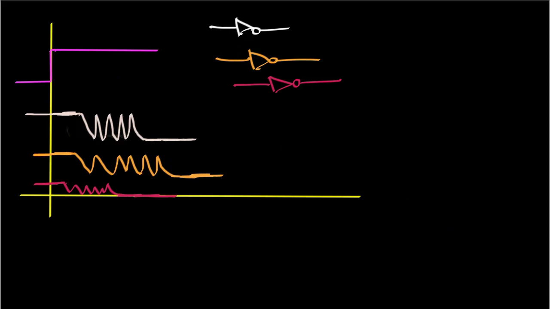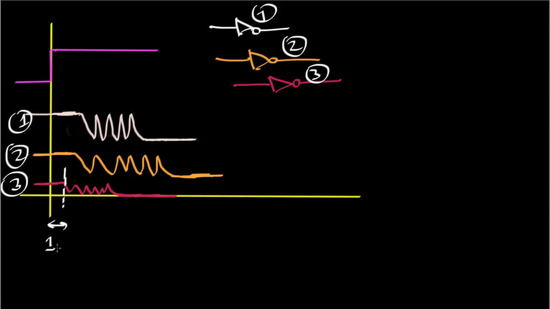Now this is our first NOT gate, this is our second, and this is our third, and the characteristics are like that. Now if you see, the minimum time after which a NOT gate starts changing is taken by this third NOT gate. Let us say this is 1 nanosecond, this is the second nanosecond, this is 2 nanosecond in total, and this total is 3 nanosecond.